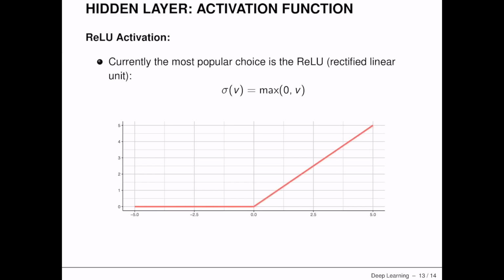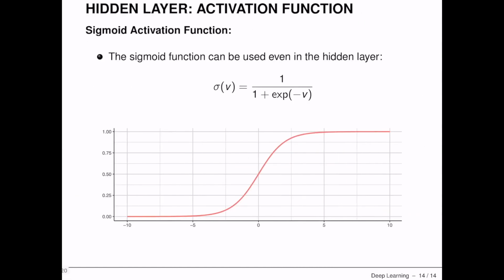So it's the max of 0 and x. Another choice is the sigmoid function, which is a nonlinearity which approximates 0 when going negative and approximates 1 on the positive side.